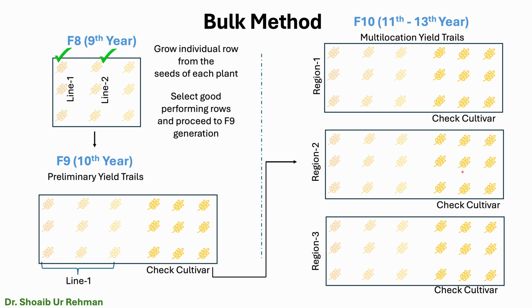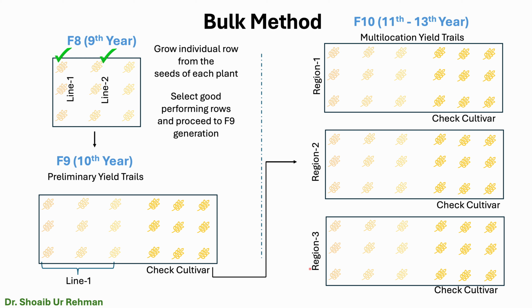So in region 2, we should make a competition between our newly bred lines and the specific varieties from the specific regions. And in region 3, let's say it is KPK province of Pakistan, and from KPK we have certain wheat cultivars such as Peer Sabak 2013 and Peer Sabak 2015.